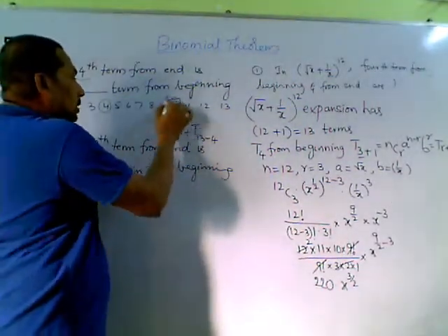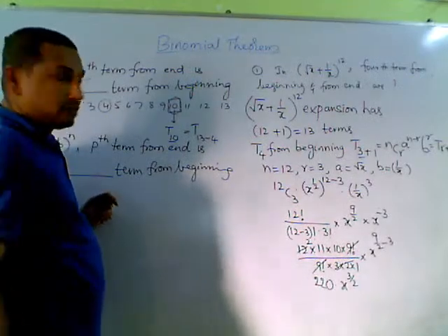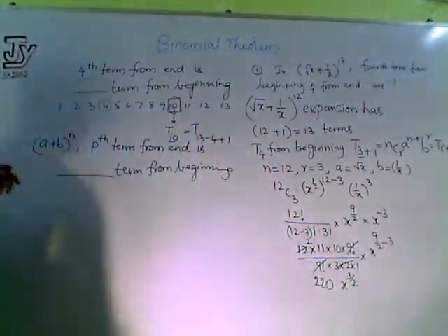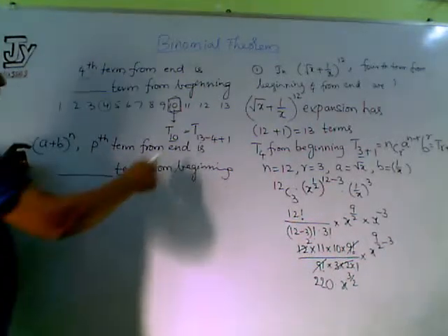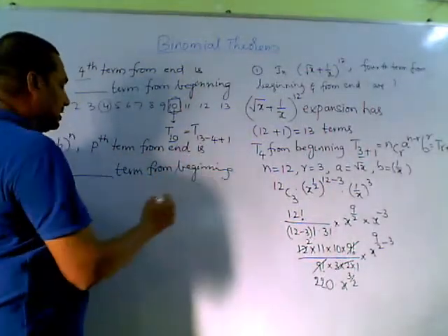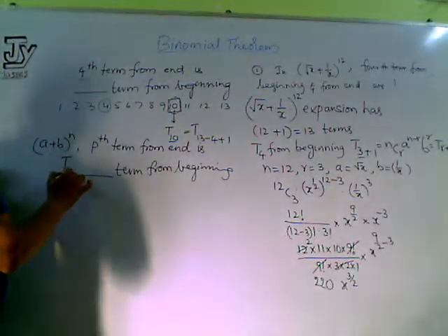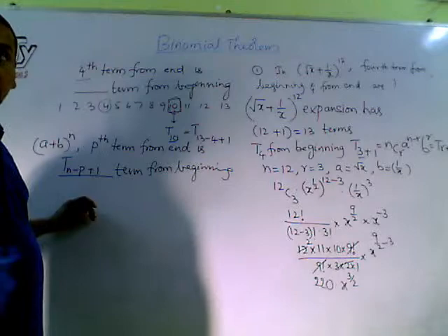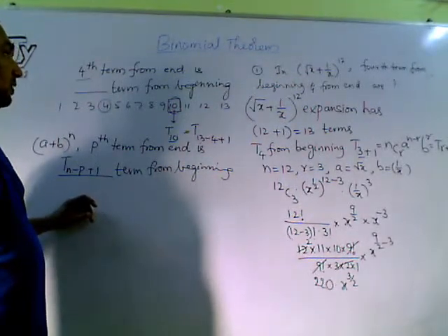The two term eliminated two times, so plus 1. What is the result? T n minus p plus 1. So T n minus p plus 1.